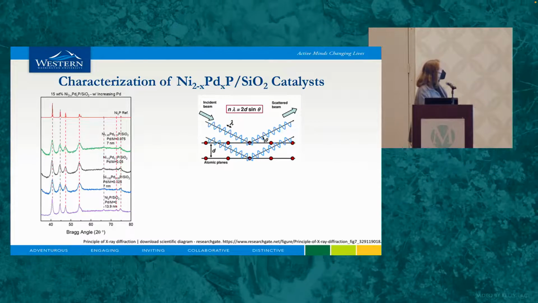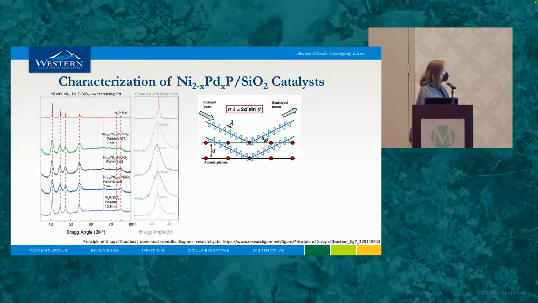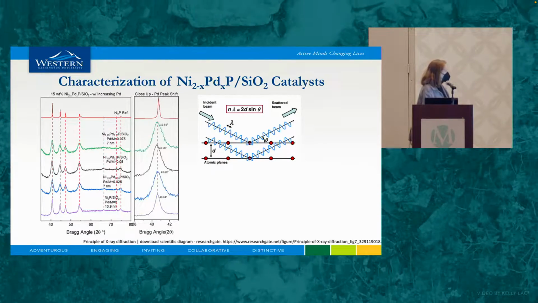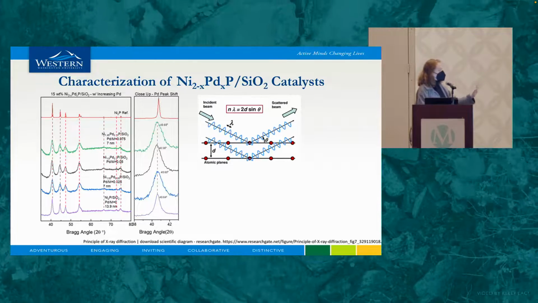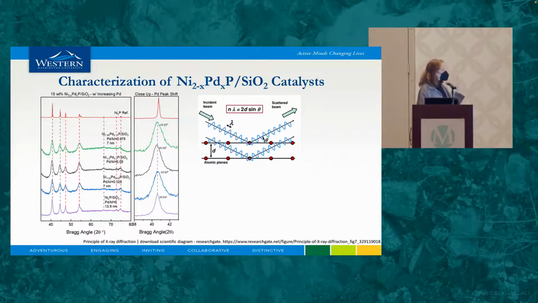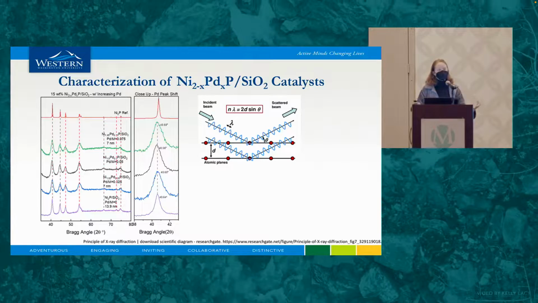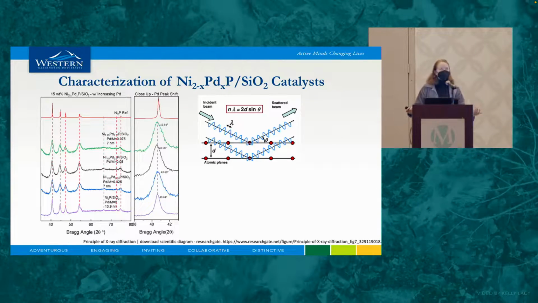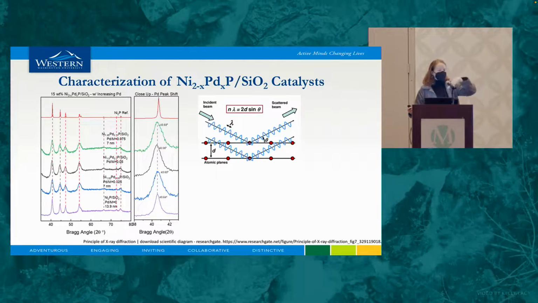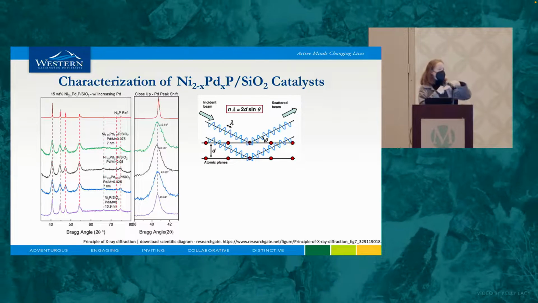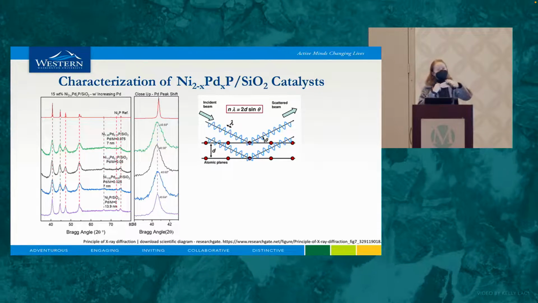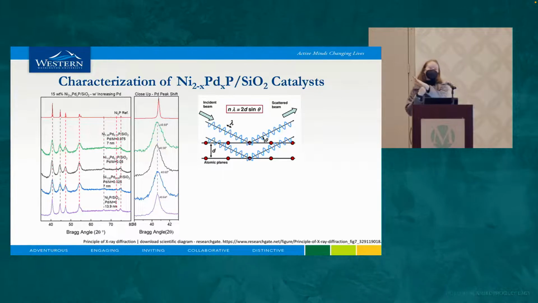Also, if we zoom in on the peak right around 40 here, you'll notice that as we increase in palladium, our peaks are actually shifting. This is because of how X-ray diffraction itself works. Basically, the instrument fires an X-ray at your sample, it hits one of the atoms in the planes of the lattice, and, like the name suggests, it diffracts, and the instrument measures that angle of diffraction.